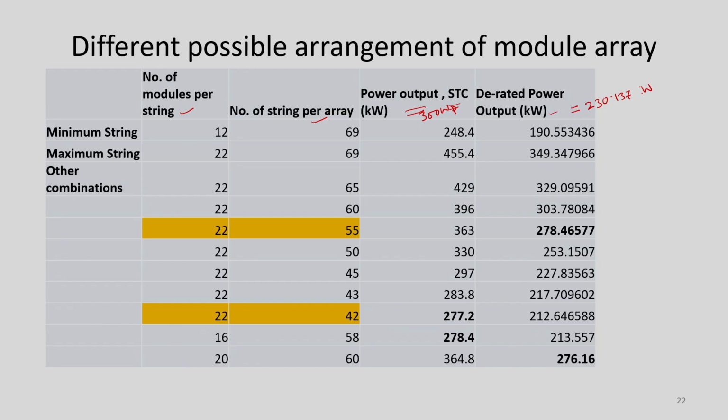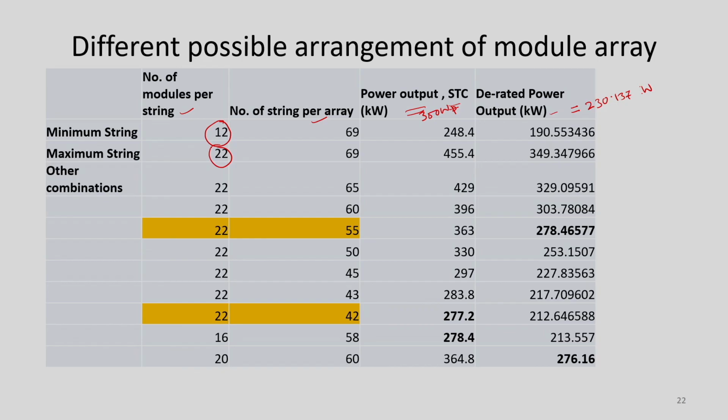Okay. As calculated before, the minimum and maximum number of modules per string are found to be 12 and 22.